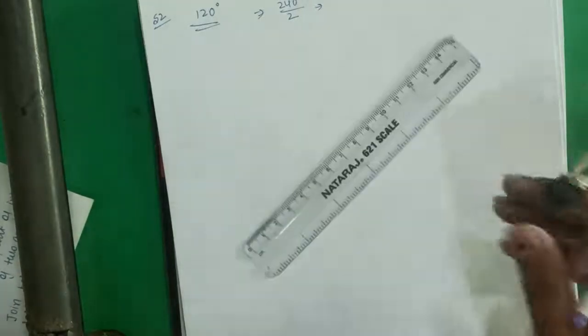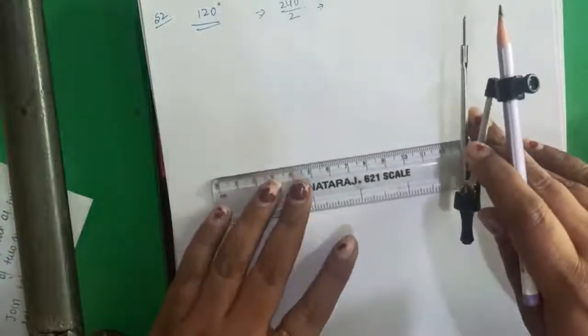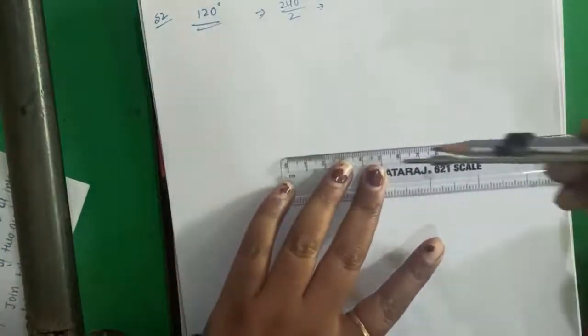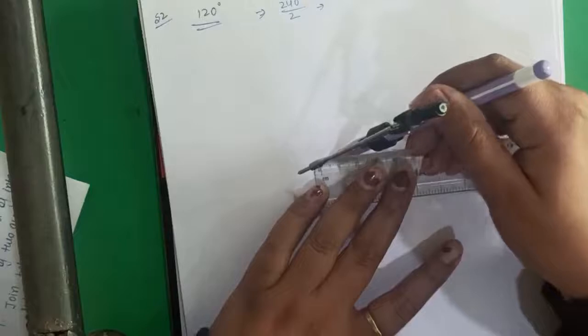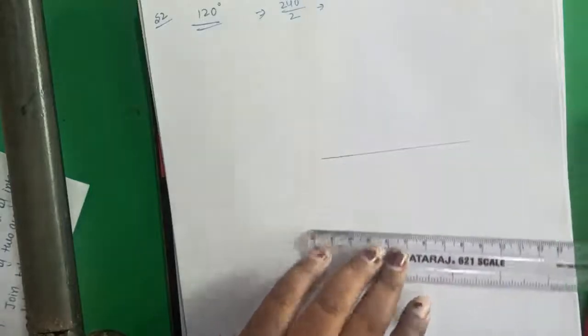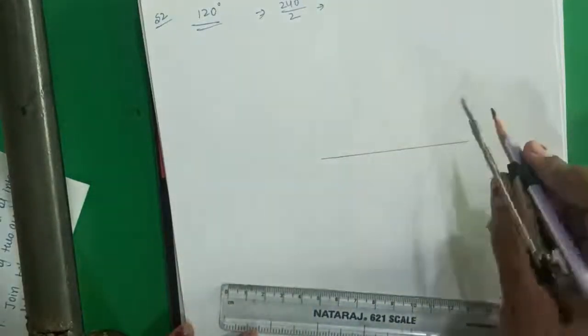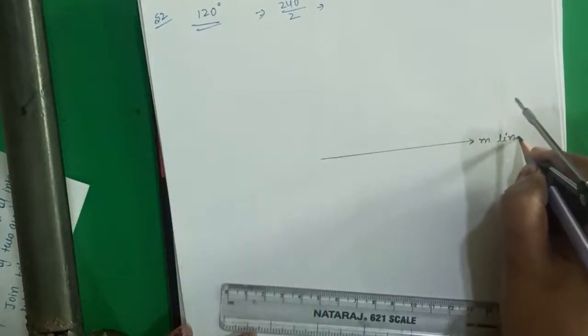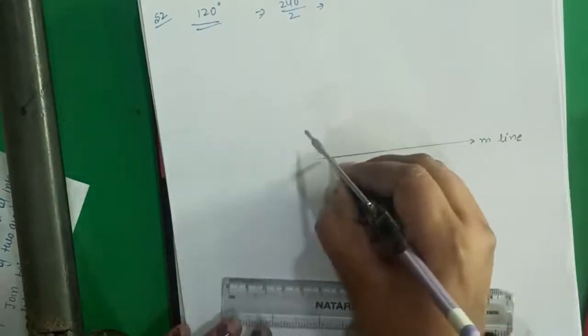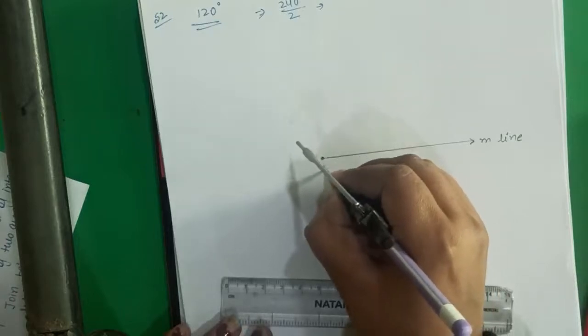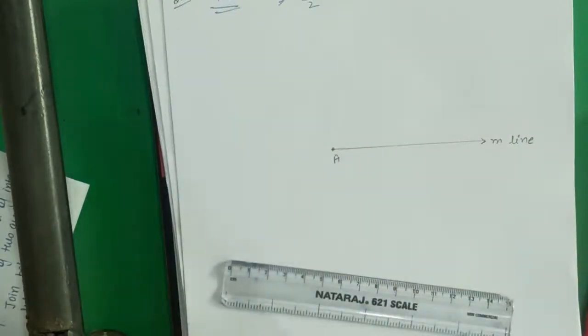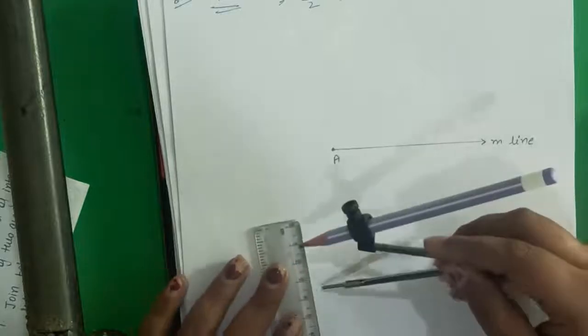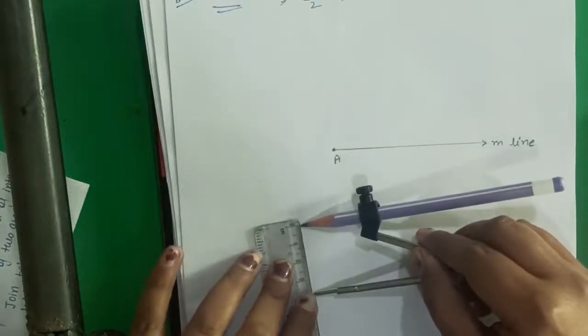So firstly we will draw a line of any length, and give a name to this, line M. Then here I give the name A to the point. Then I open the compass up to 4.